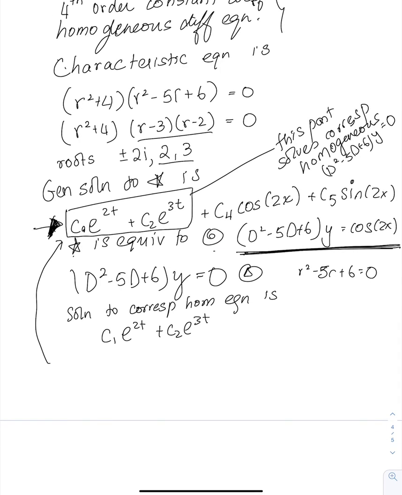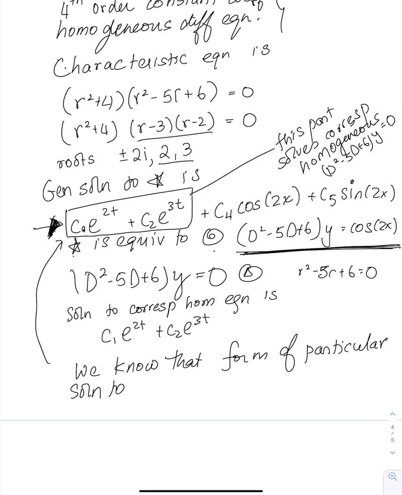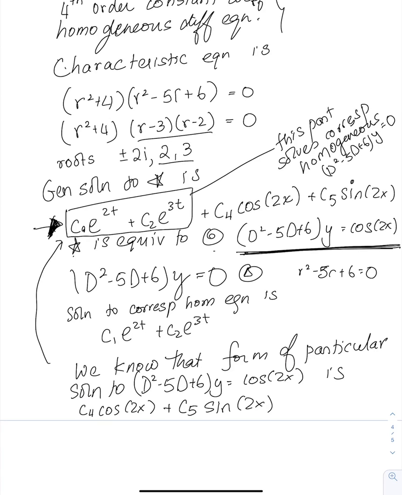So, since that part solves the corresponding homogeneous equation, we know that the form of particular solution to the original equation is in fact what's left over, and that is C4 cosine 2x plus C5 sine 2x. Okay?